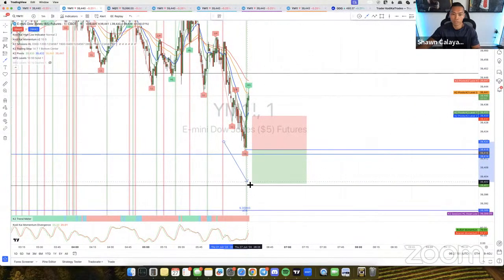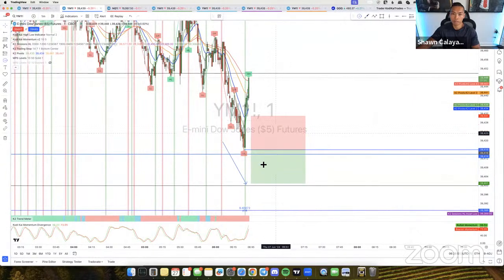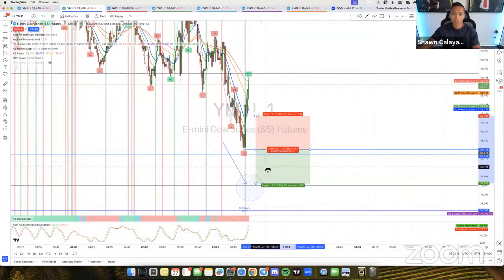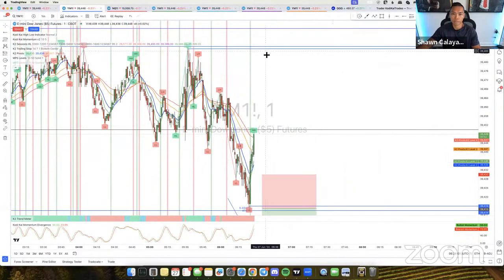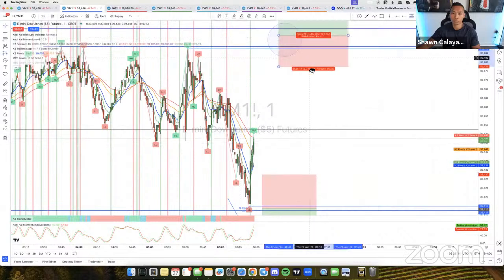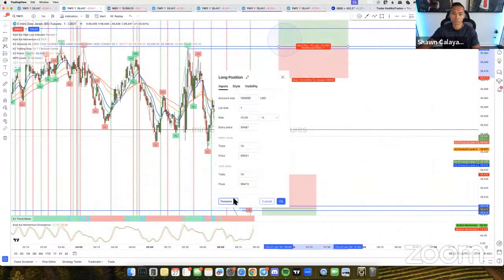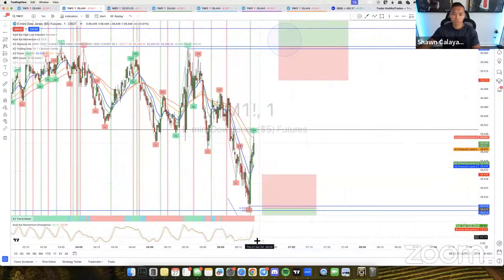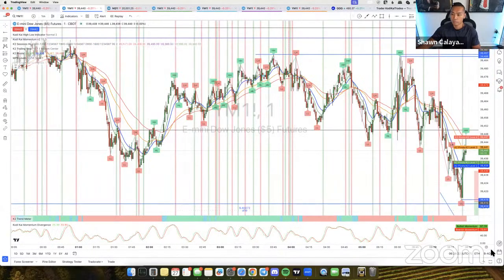First target is going to be this level right here if price decides to come down on open. If price pushes up, it's going to push up to this level up here where liquidity is sitting. So I'll be looking both directions.